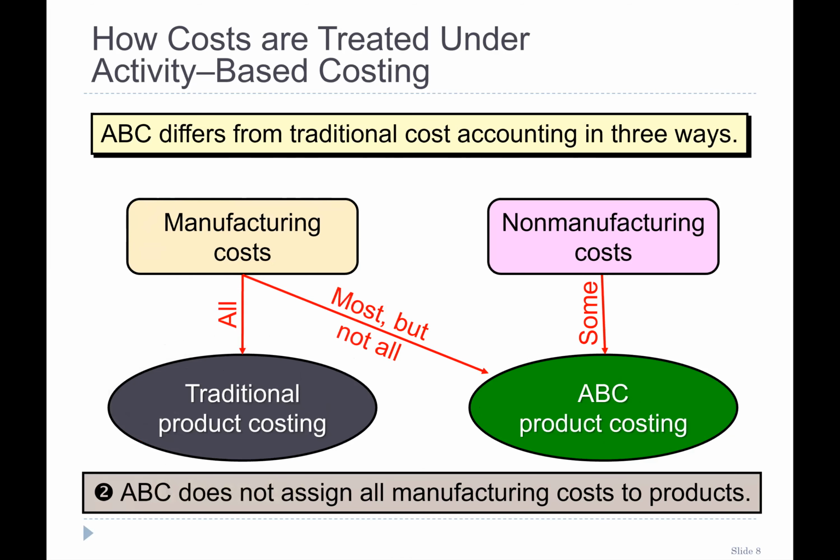The second difference is that, like I told you, not all the non-manufacturing cost, only some of the cost related to non-manufacturing, is included. And the most important point is that traditional costing allocates all the manufacturing cost, which is direct material, direct labor, and manufacturing overhead, to product cost.